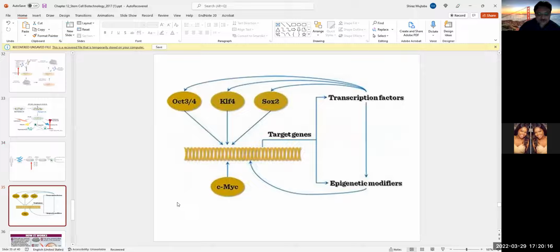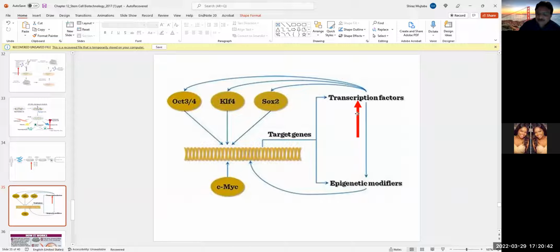So what are these things: OCT4, KLF4, SOX2, CMYC? They all are transcription factors. What are transcription factors? Transcription factors are those proteins that, as the name suggests, participate in transcription, right?